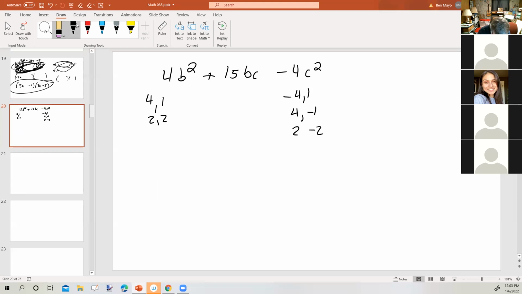Right, so given these combinations, these are the possibilities. 4B, 1B, negative 4C plus 1C.